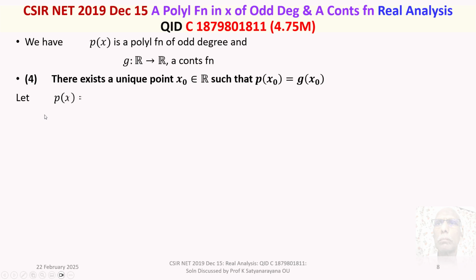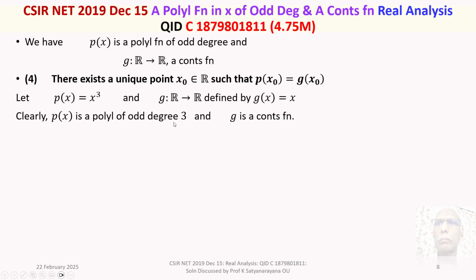Think of this one. Let p of x is equal to x cube, a polynomial of odd degree. G from R to R defined by g of x is equal to x is an identity function, which is continuous. So clearly p of x is a polynomial of odd degree 3 and g is continuous.